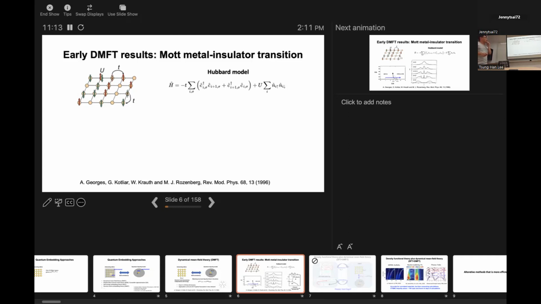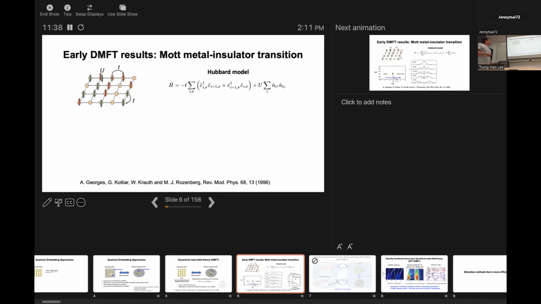Therefore, when we have very strong Coulomb interactions, this double occupied configuration will be less favored, and the electrons will instead like to be localized on their own sites. So the electrons in the system will not like to hop around, and it will become an insulator that is called a Mott insulator.